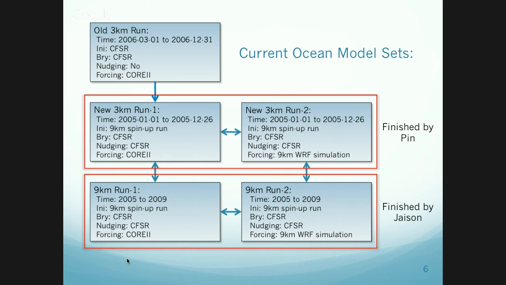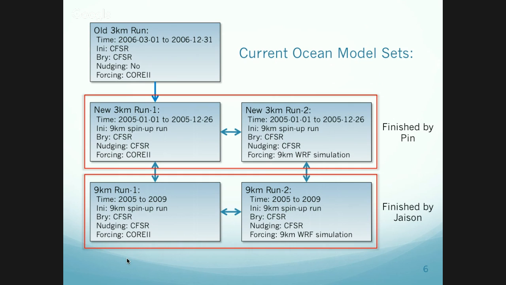It's from May 1st, 2006 to December 31st, 2006, and the initial condition is from CFSR. The boundary condition is also from CFSR, and we didn't do nudging in the old model. The atmosphere forcing is CORE2.